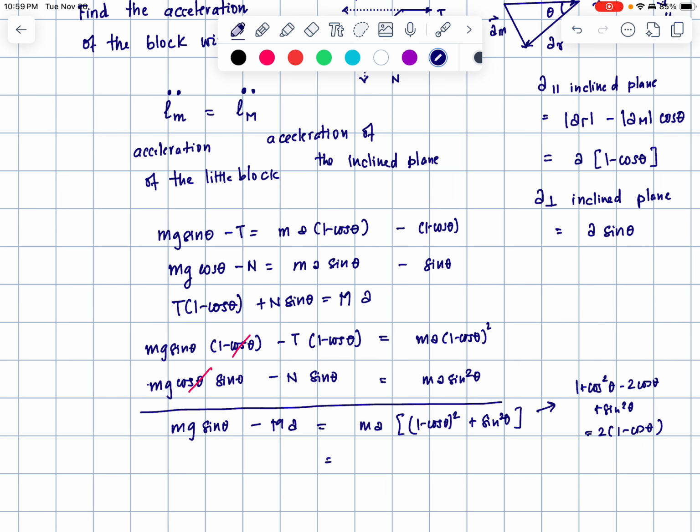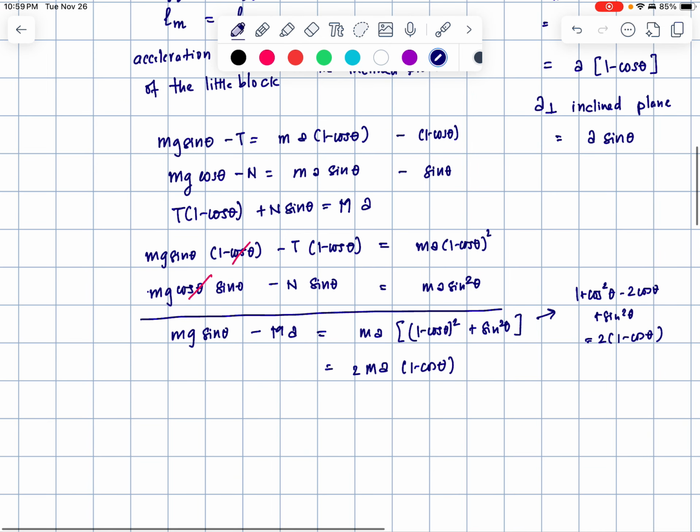So we can write this as 2 times m times a times (1 minus cosine theta). Rearranging the terms, we get mg sine theta equals a times [capital M plus 2 times little m times (1 minus cosine theta)].